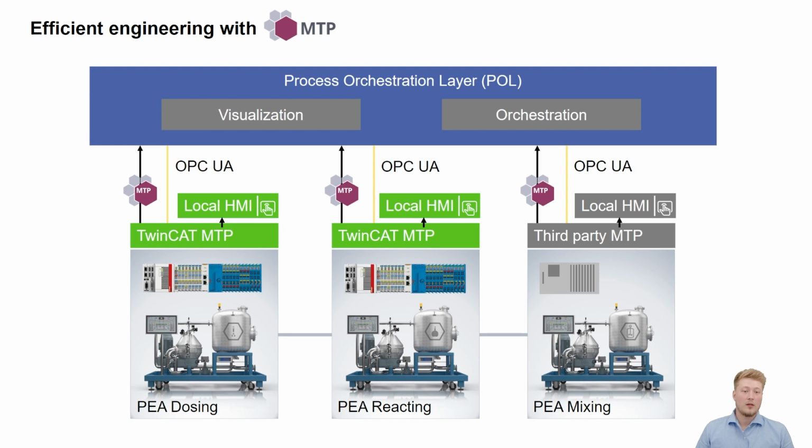The second main part is the orchestration, where all functionalities that are offered by the MTP modules can be arranged in a recipe. On the lower level, we see the different modules, or also called PEAs, for process equipment assembly.